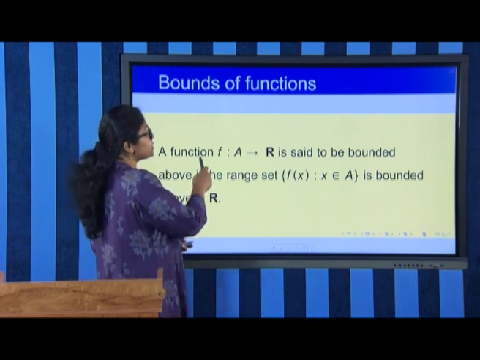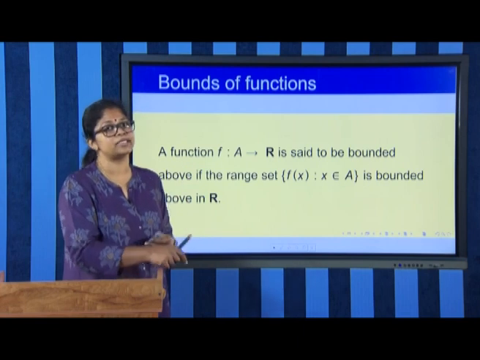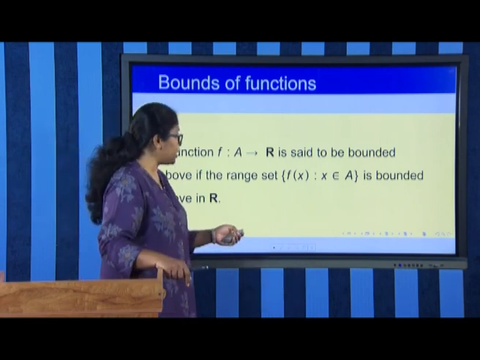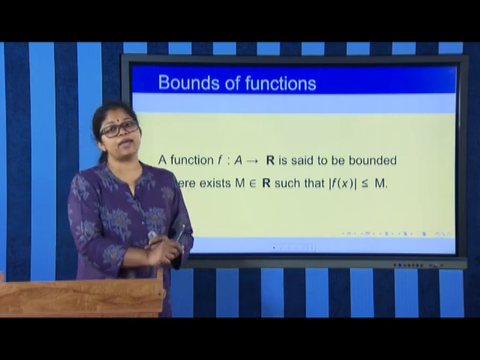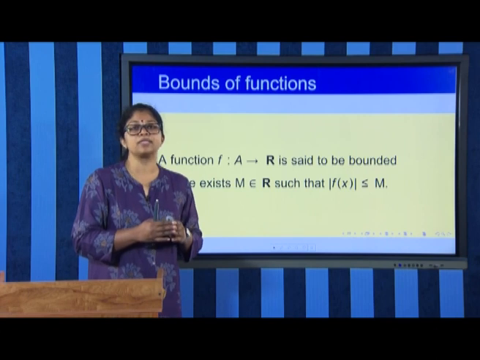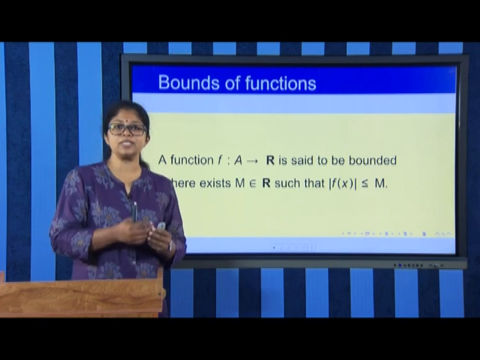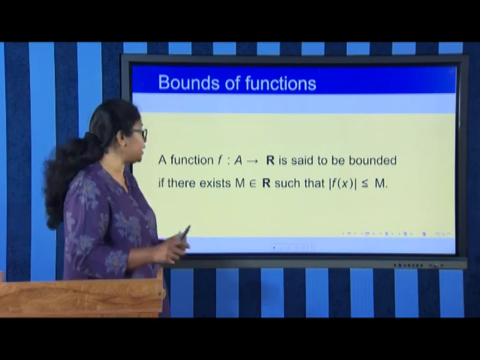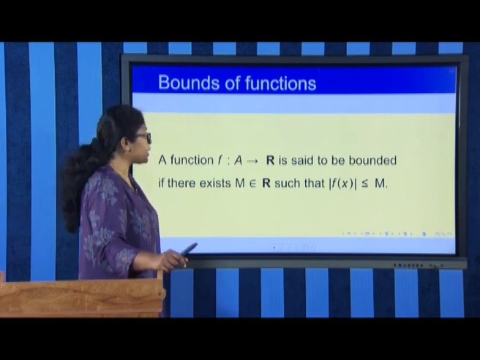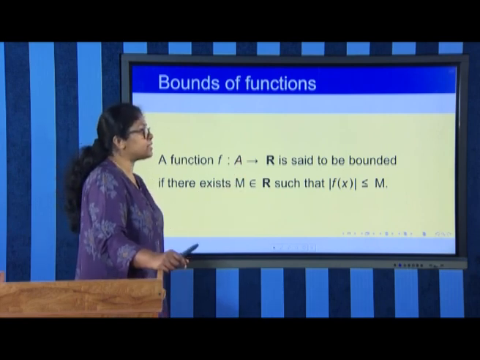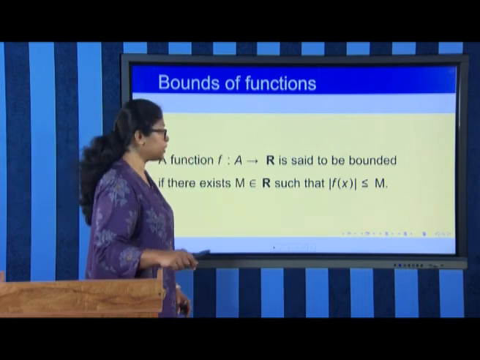So, we have defined it is bounded above if the range set is bounded above, and it is bounded below if the range set is bounded below in R. And generally, a function f is said to be bounded if there exists both an upper bound as well as a lower bound. So, for simplicity of notation, we define a function f from A to R to be bounded if there exists some real number M such that modulus of f of x is less than or equal to M. Why?